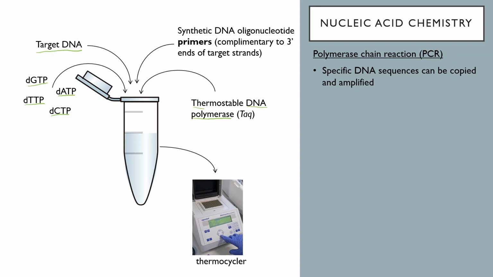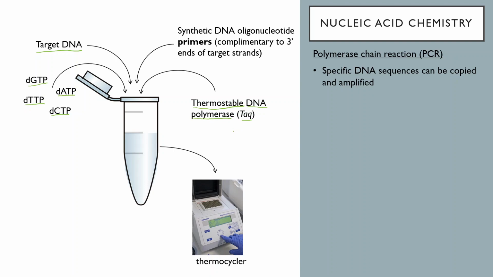So you have to use a special thermostable form of DNA polymerase. It's often called Taq. Taq stands for Thermus aquaticus. It refers to a species of bacteria that this enzyme is isolated from, which grows in hydrothermal vents down at the bottom of the ocean, where water temperatures can get well above boiling.